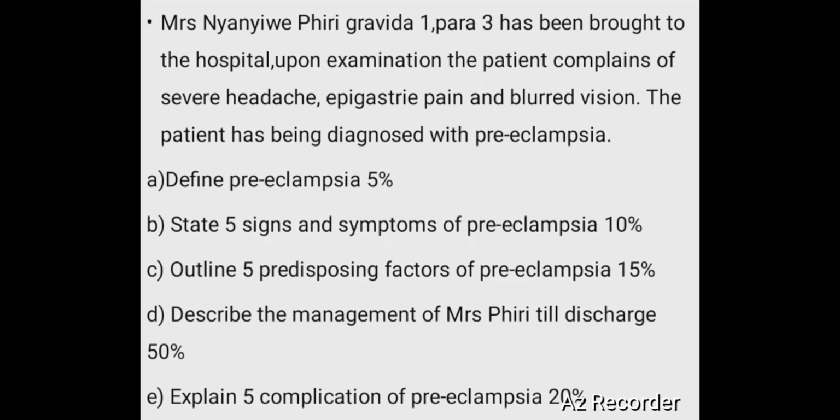So a pregnant woman who had preeclampsia in her last pregnancies is at higher risk of developing preeclampsia as compared to an individual who had no preeclampsia in a previous pregnancy. So those are the 5 predisposing factors: old age, chronic hypertension, multiple pregnancy, genetics, and also a previous preeclampsia.